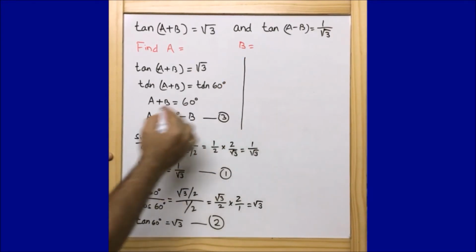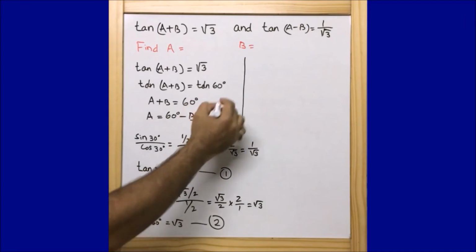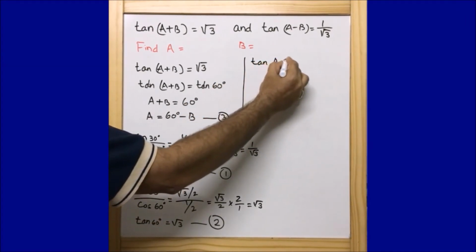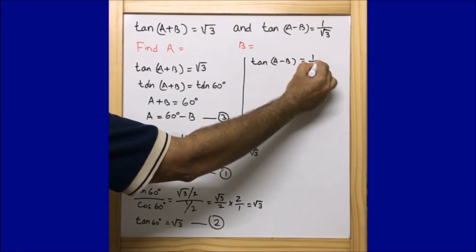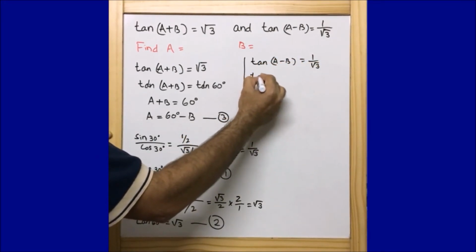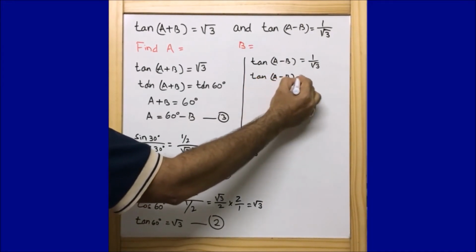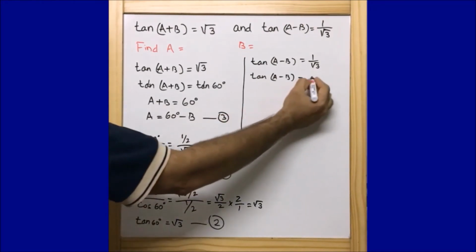Okay, so let us name this equation as equation number 3. Now let us move ahead and see the other part. tan(a-b) is equal to 1 by root 3, or I can write tan(a-b) is equal to tan 30 degree, because tan 30 degree is equal to 1 by root 3.